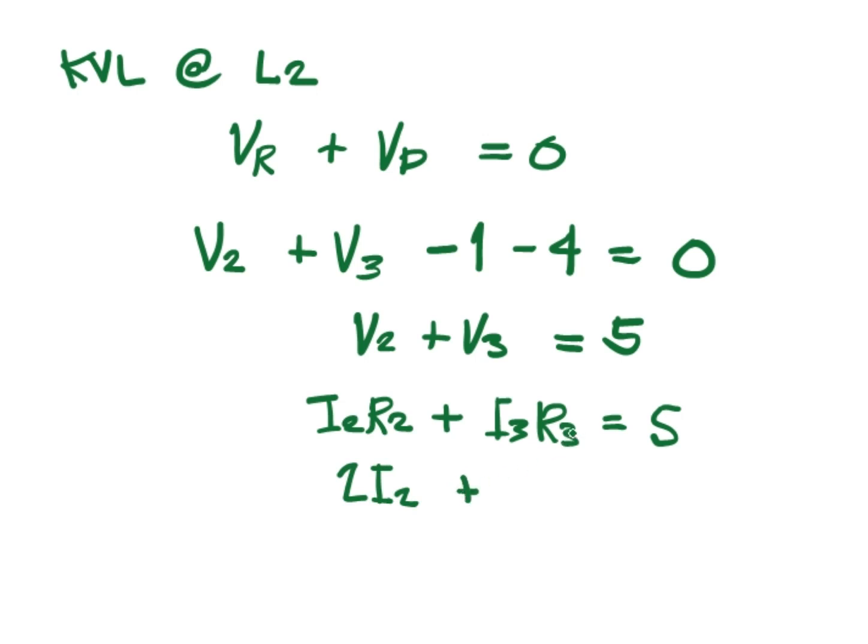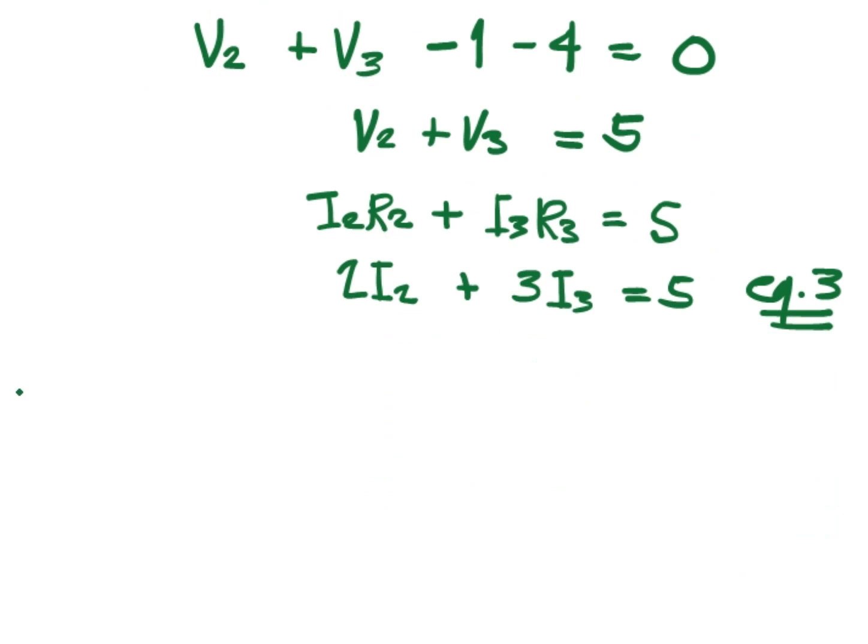Then R3 is 3 ohms, this is 3 I3 is equal to 5. Now this is our equation number 3. So we now have 3 equations for 3 unknowns. We have 3 unknowns, I1, I2, and I3. Let us have the 3 equations.